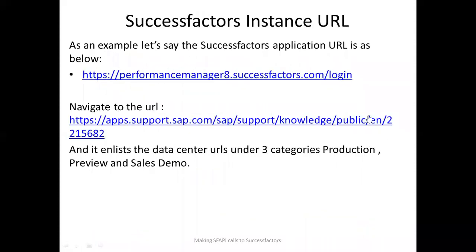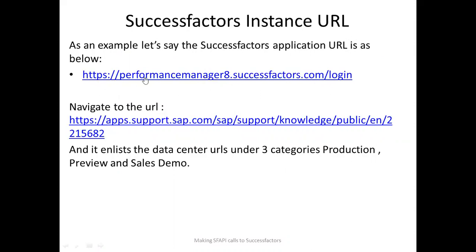Now, the SuccessFactors instance URL. So that is what I was saying. I was mentioning the UI part of the SuccessFactors application. So as an example, let's say the SuccessFactors application URL is as below: https://performancemanager8.successfactors.com/login.